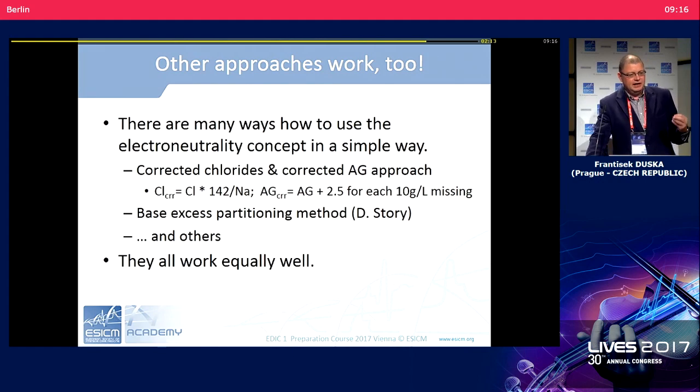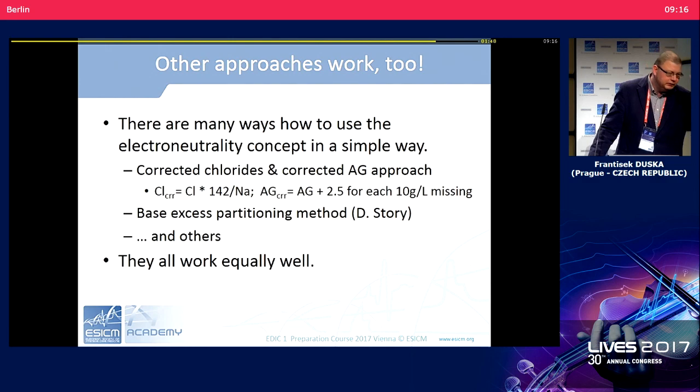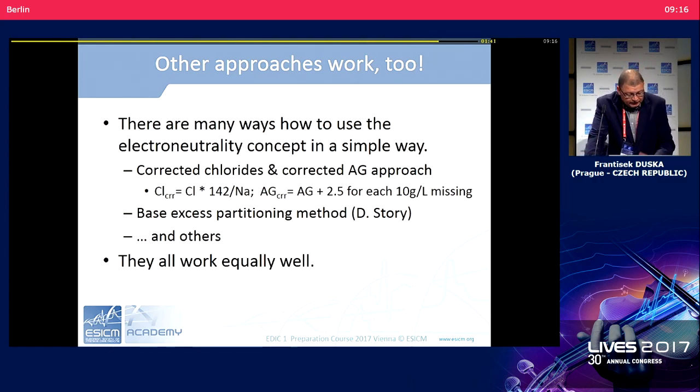If you have an electroneutrality-based approach, it doesn't matter whether you use corrected chloride, base excess partitioning, or Gilfix method or whatever, but just look at the electroneutrality somehow, okay? I found these methods a bit mathematically too complex. I can't calculate 142 divided by sodium. It's beyond my mathematical capabilities, so I don't like corrected chloride for entirely this reason, but it works equally well.